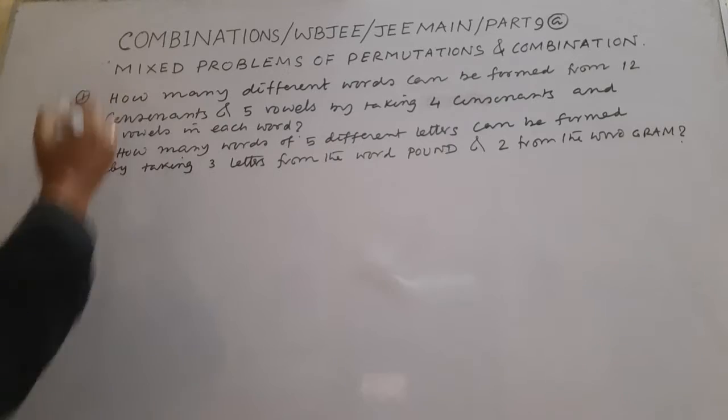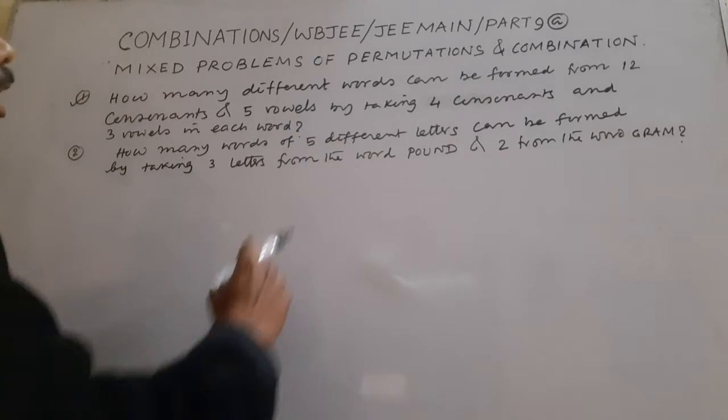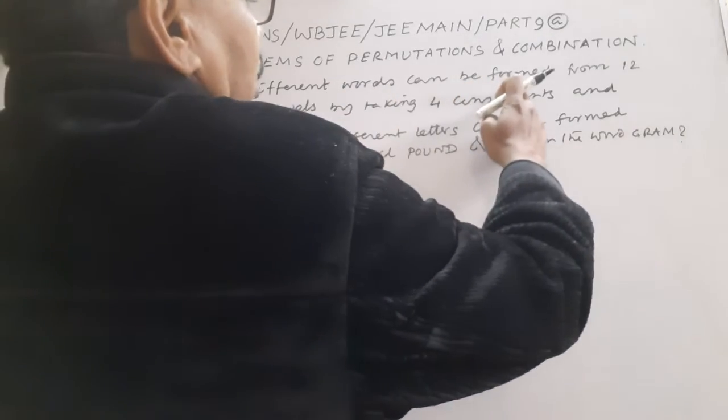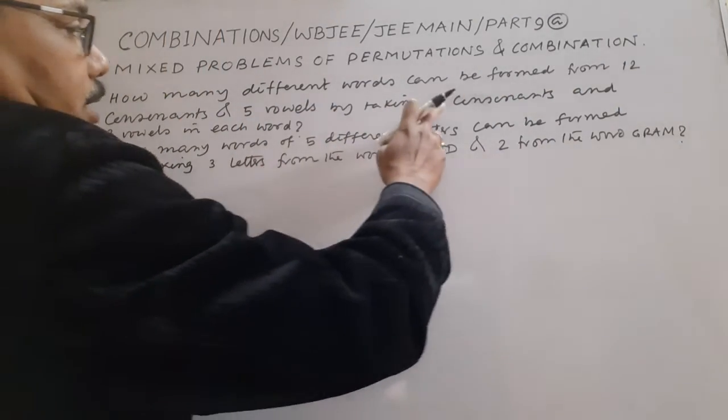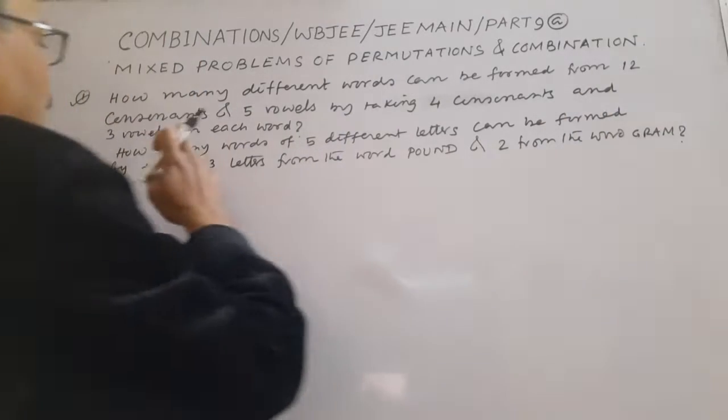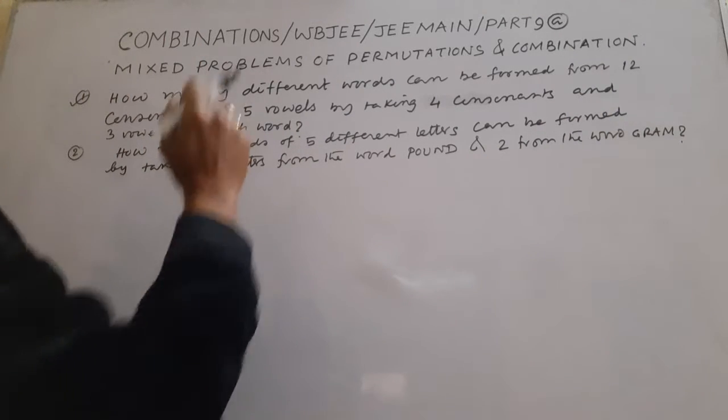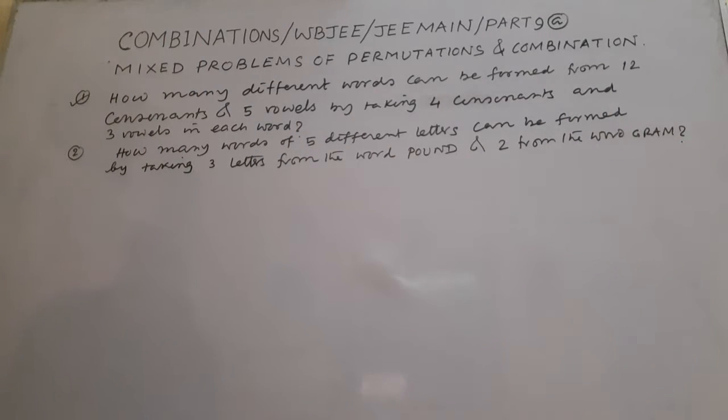Problem number 1. How many different words can be formed from 12 consonants and 5 vowels by taking 4 consonants and 3 vowels in each word?